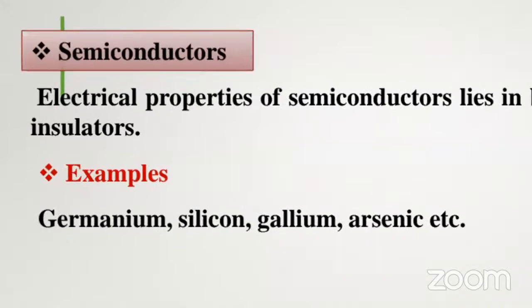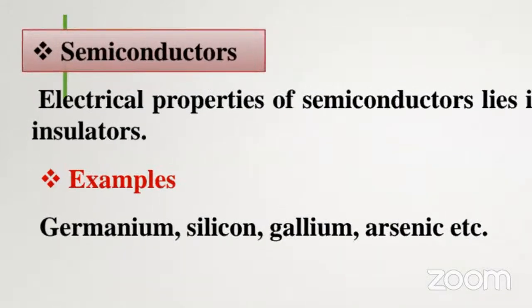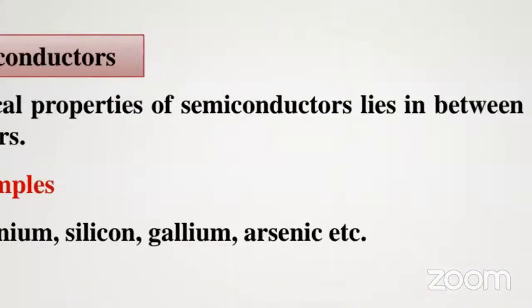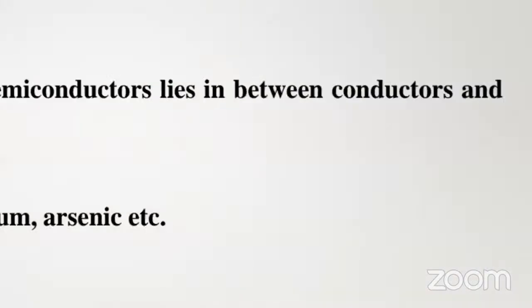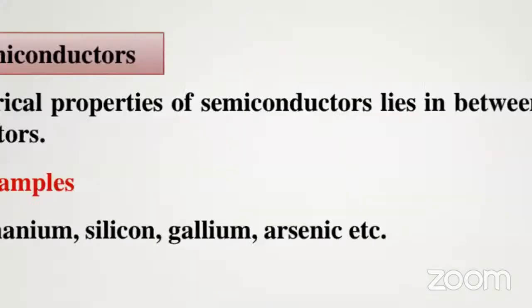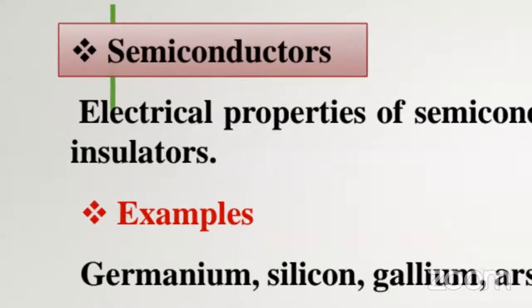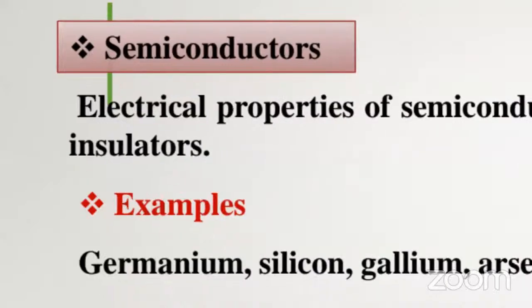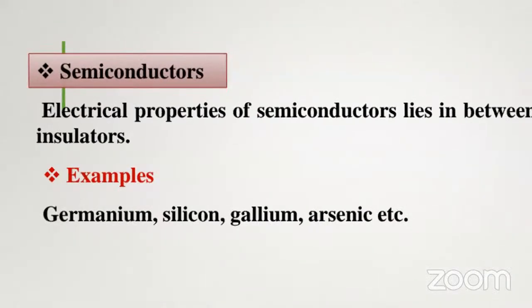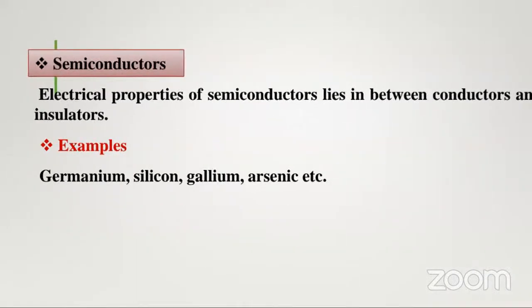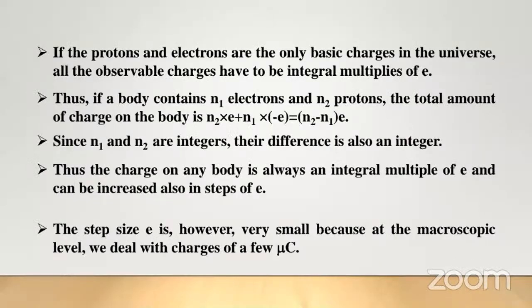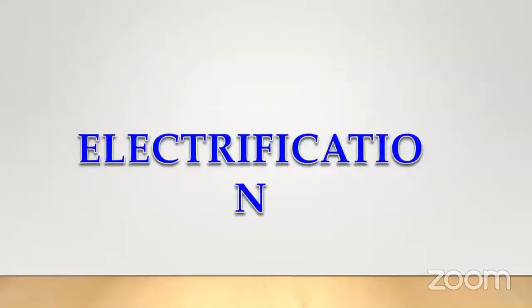Electrical properties of semiconductors lie in between conductors and insulators. So that means semiconductors depend on conductors and also insulators.